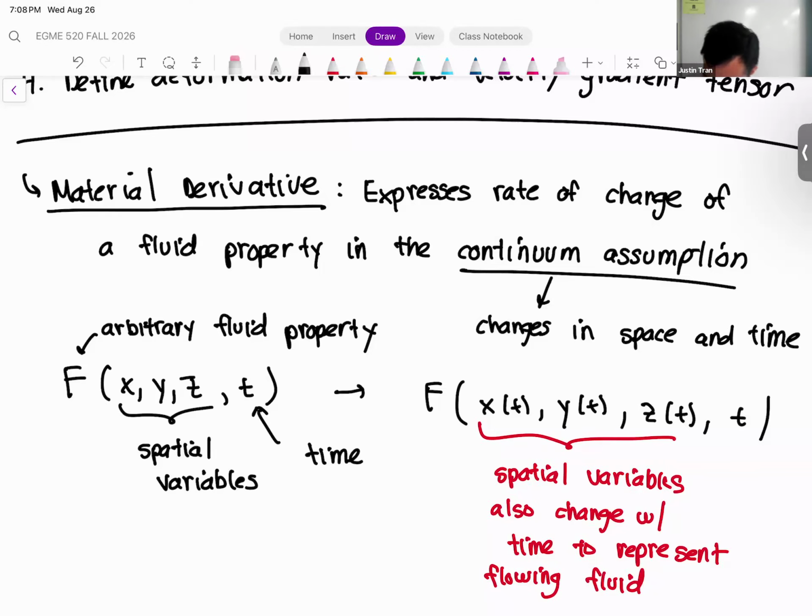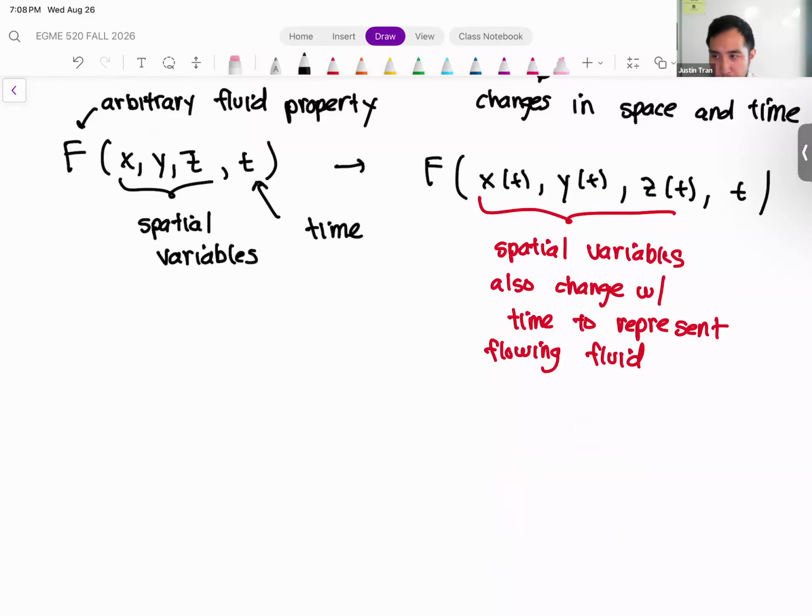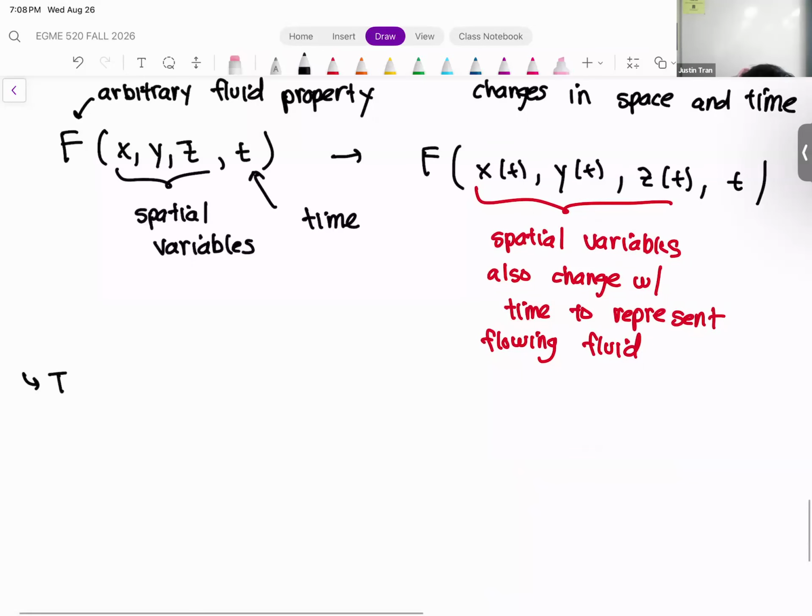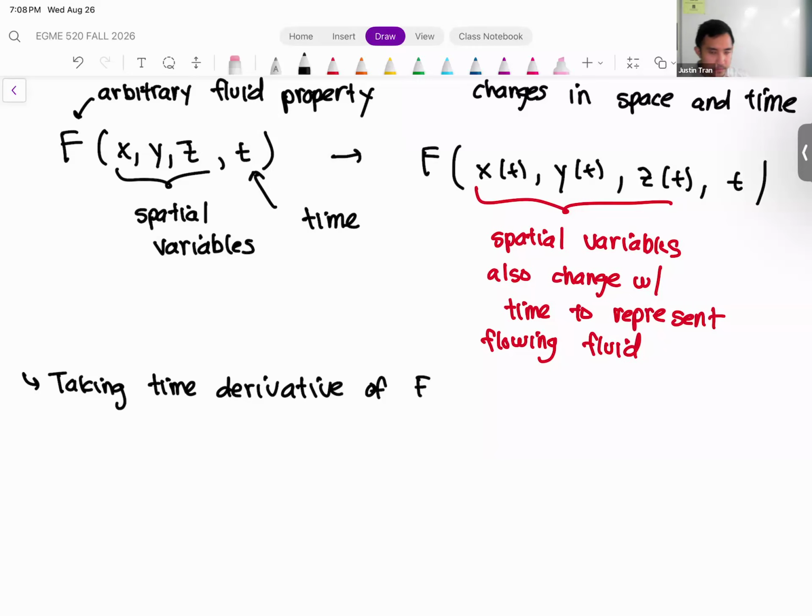So that means if we were to take the derivative with respect to time of f, which is what we aim to do with the material derivative, because each of the spatial coordinates also depend on time, we need to perform some chain rule in order to make sure we carry that time derivative all throughout.